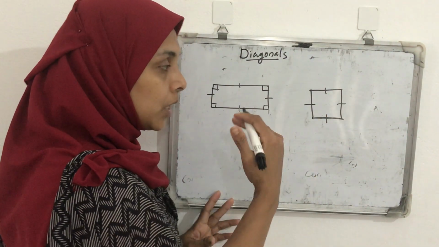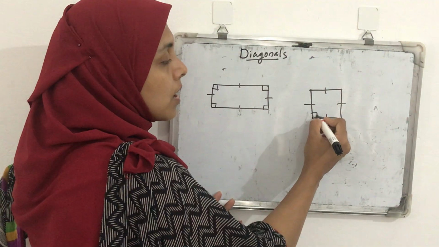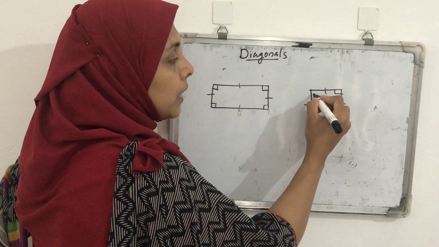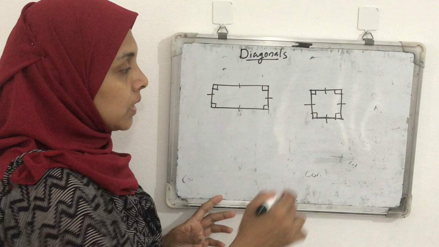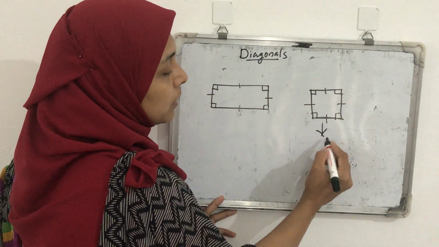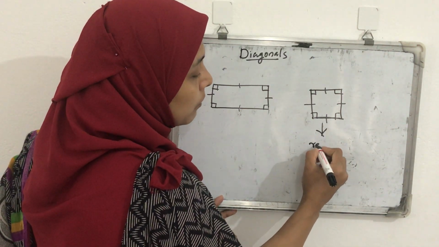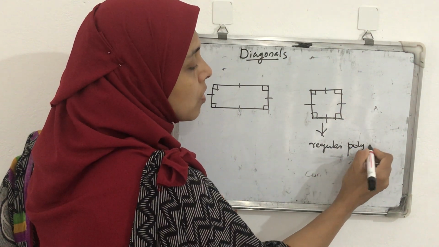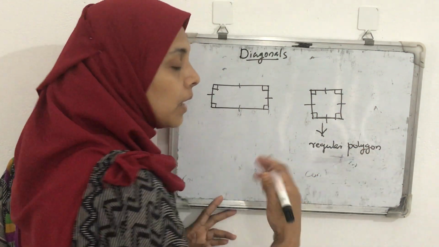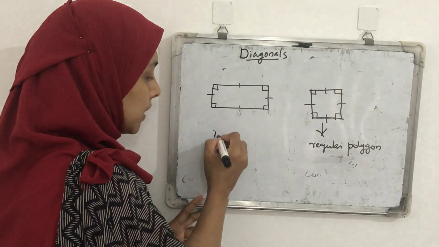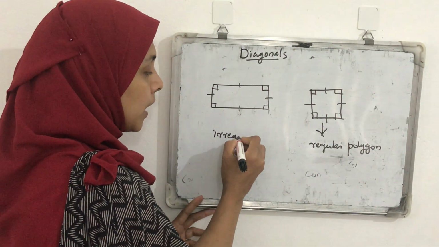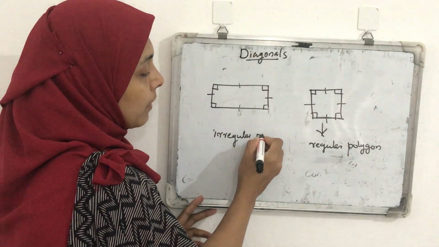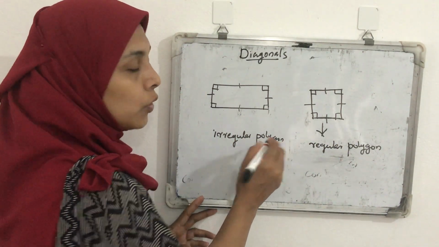So it is equilateral, and also all angles will be 90 degrees. So it is equiangular. Such polygons are called what? Regular polygon. Regular polygon. And if it is not equilateral and equiangular, such polygons are called irregular polygon.